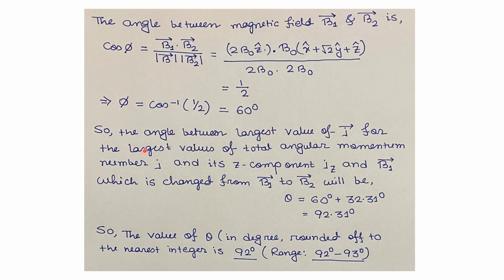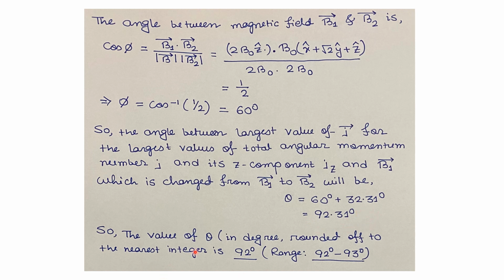So for the largest value of the total angular momentum number J and its Z component Jz, with the field changed from B1 to B2, we have to add the old angle, 32.31 degrees, to the angle between B1 and B2, that is 60 degrees. So we get the new theta, 60 degrees plus 32.31 degrees, that is 92.31 degrees.